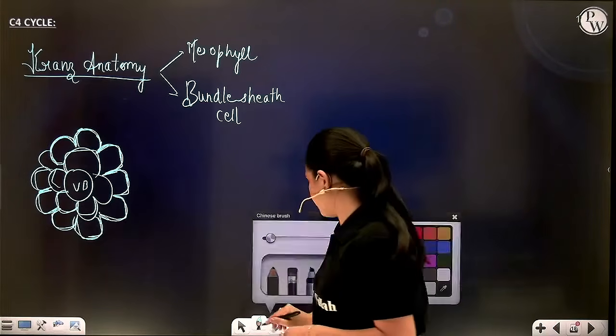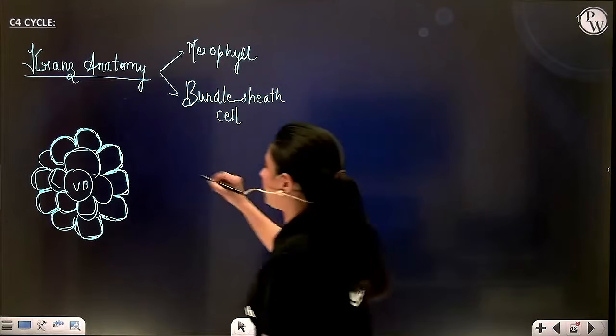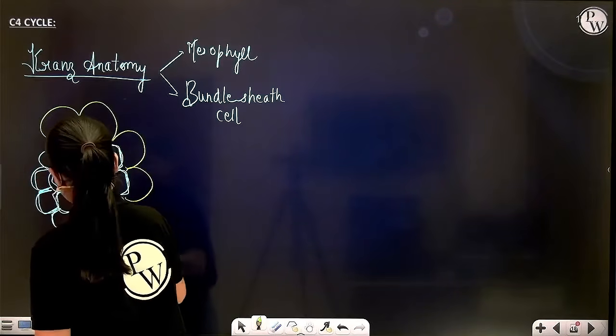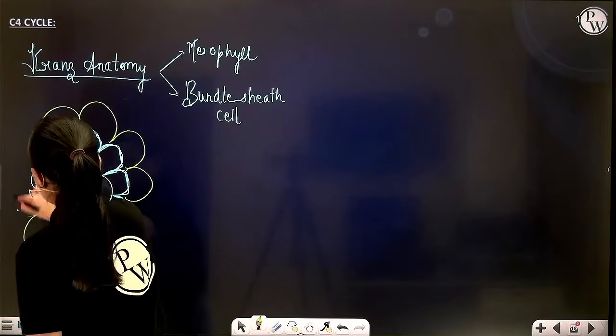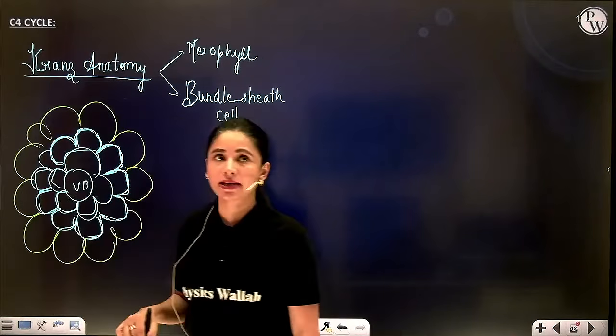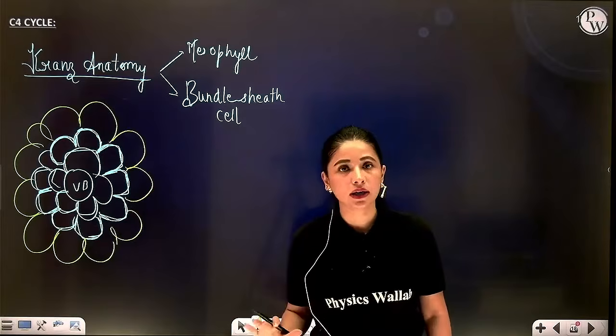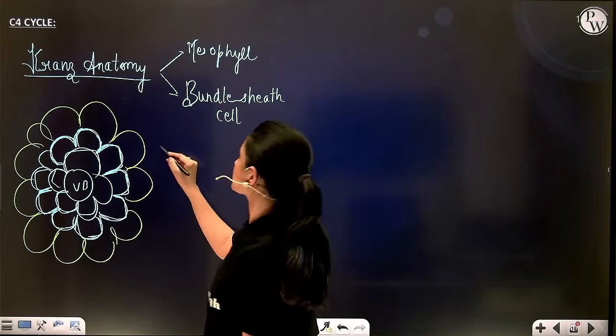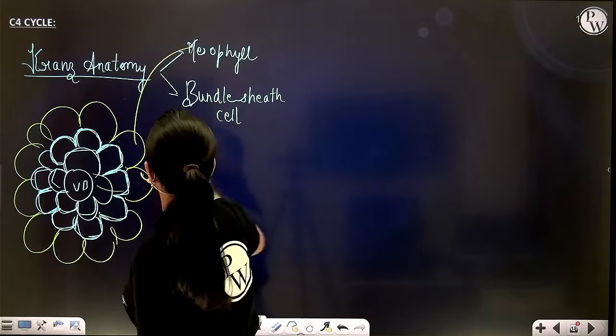Around them is a layer of mesophyll cells whose cytoplasm contains a special enzyme called PEPcase, phosphoenolpyruvate carboxylase.